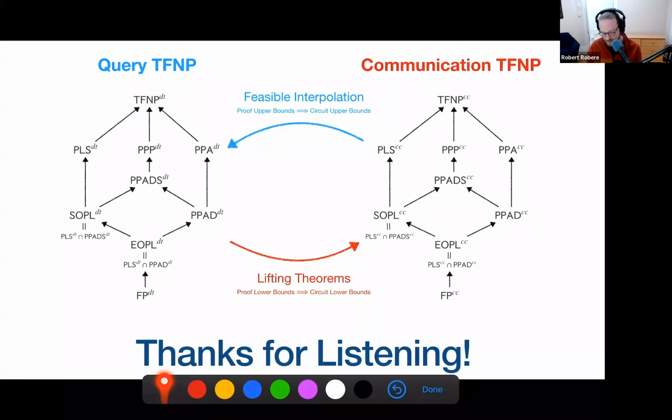In one direction, we have these classic feasible interpolation results, which give us a connection one way, and lifting theorems give us a connection the other way. The thing that I'd like to advocate for is to search for more results of this kind, and seek out other examples of TFNP classes that capture these things.